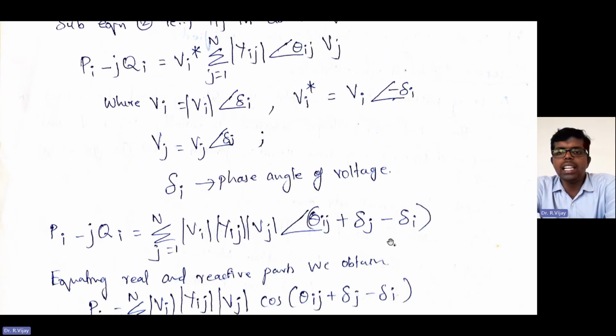So these phase angles are added: theta ij plus delta j minus delta i.